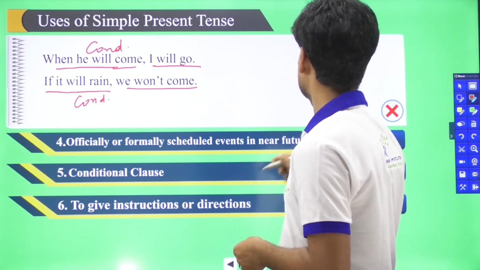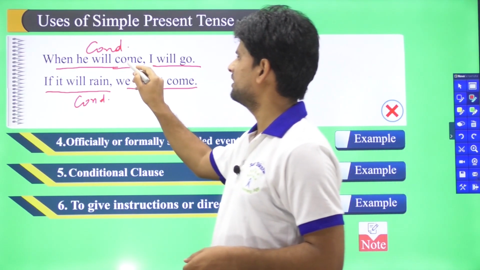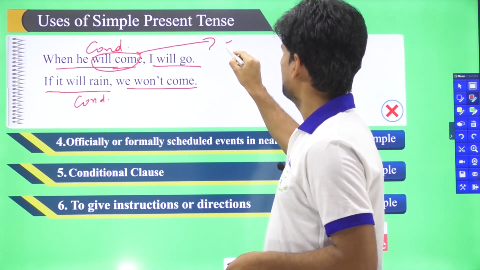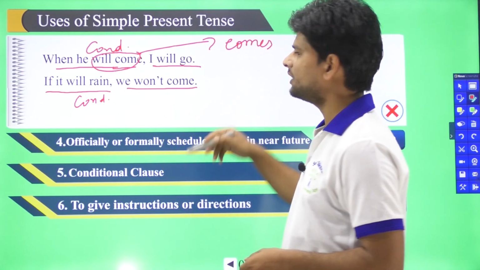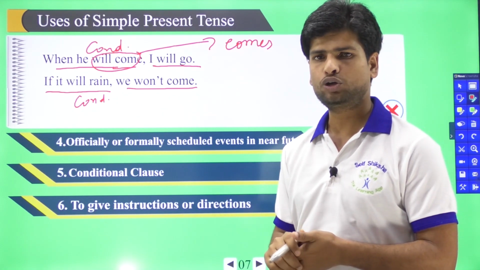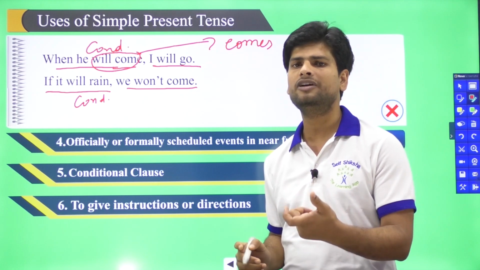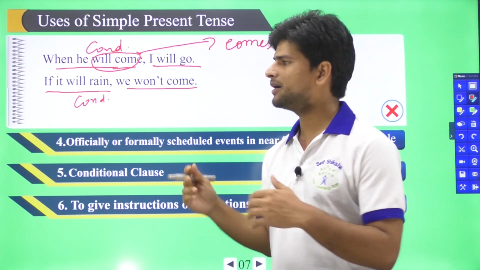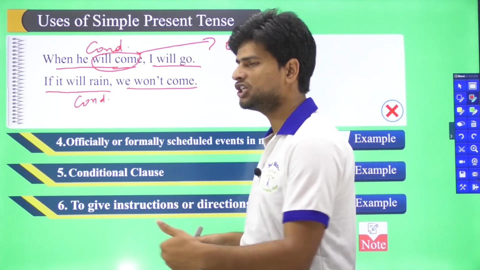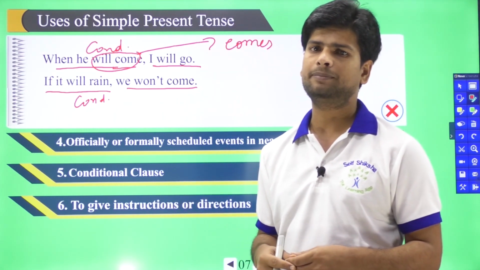So when he will come, I will go is not the right sentence. ये sentence होना क्या चाहिए था? It should be written as when he comes, I will go. ये इसलिए भी किया जाता है because English is a very fluent language, so it will not become superfluous. बार बार will का repetition ना हो और future का repetition ना हो, superfluous ना बने sentence.